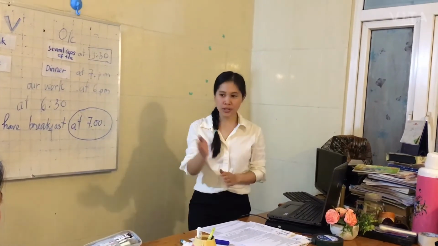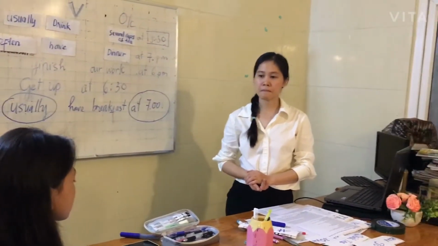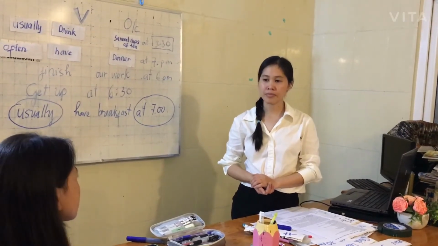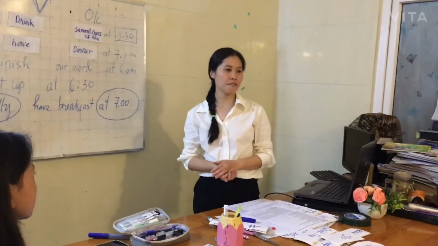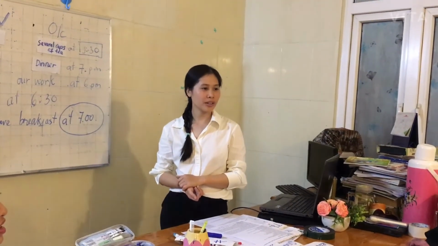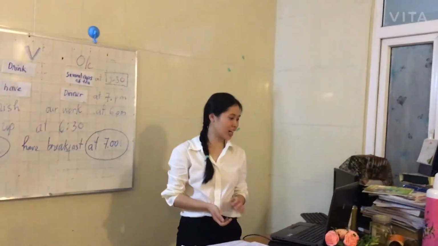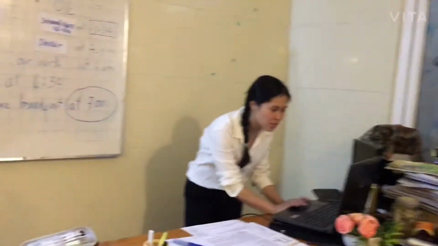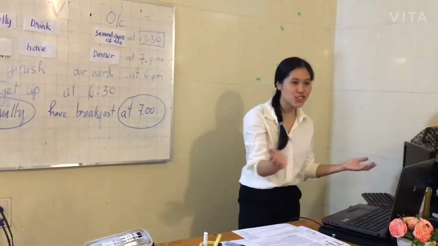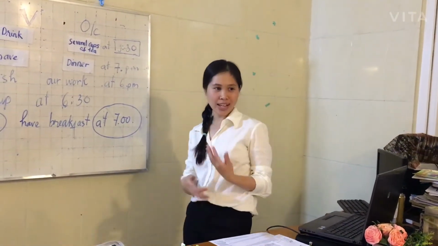What time do you go to school? I go to school at 6:30, half past 6. And I go to school at 8 a.m. At 8 o'clock. Oh, your school starts late. And what time do you usually have breakfast?